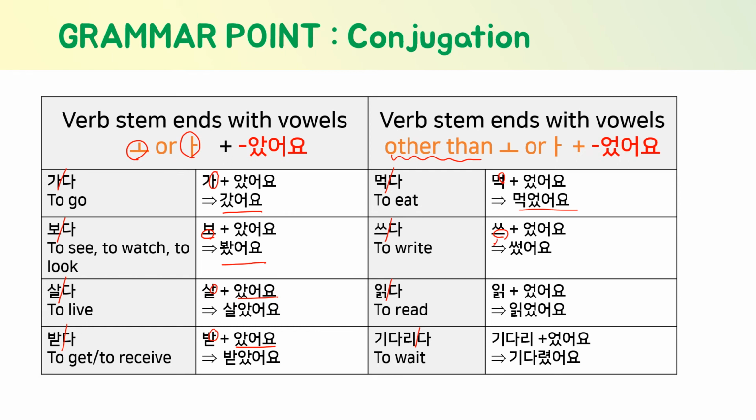In this case, one vowel drops. When you say it fast, it becomes 썼어요. Remember this one. 썼어요.